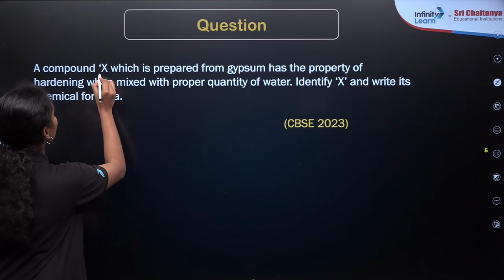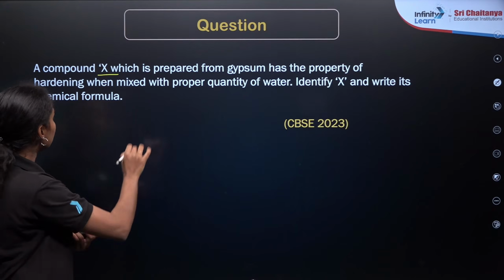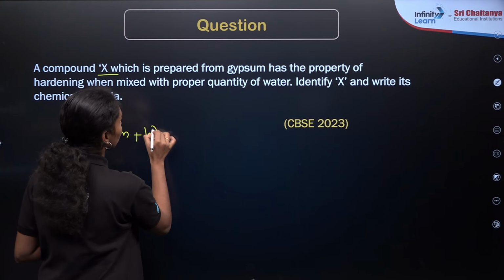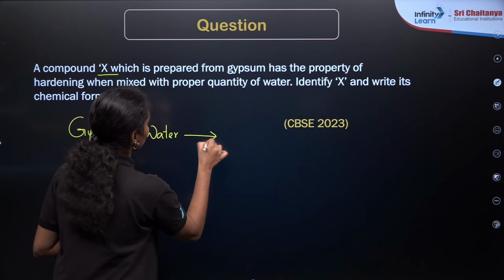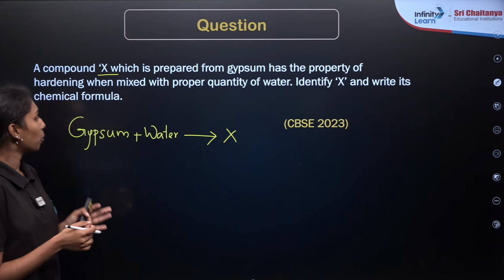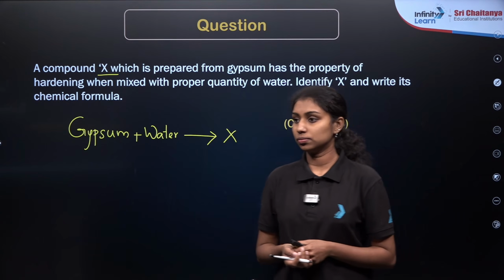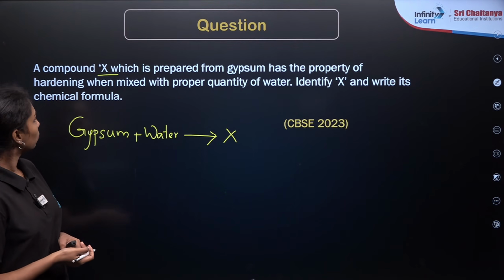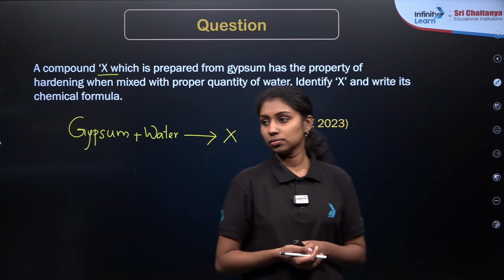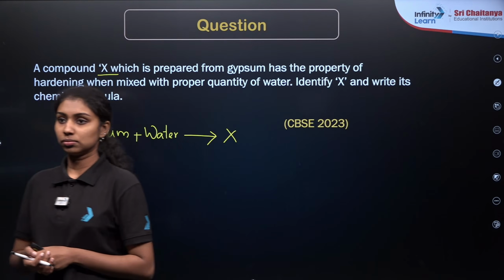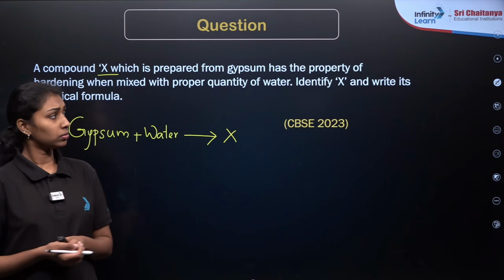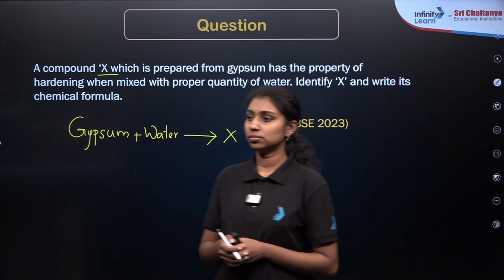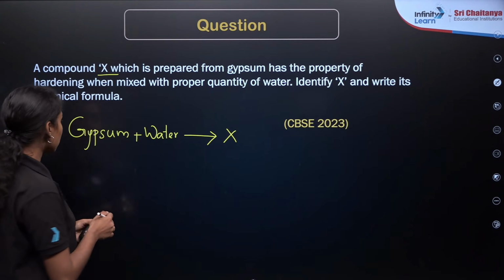We need to identify compound X. If you treat gypsum with water, you will get a compound X. So what is compound X formed here, along with its chemical formula? What will be our answer? Gypsum is CaSO4.2H2O, right?